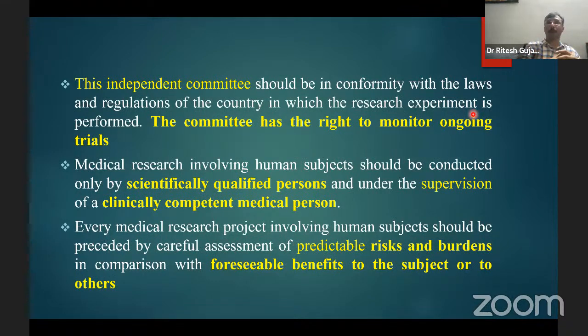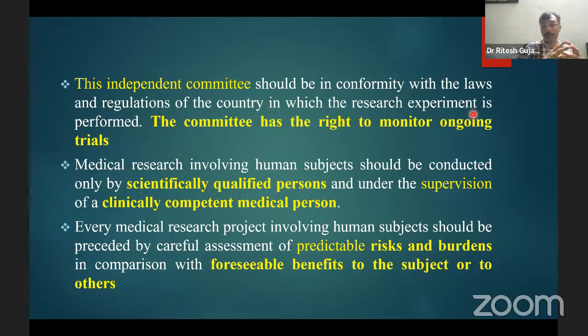There are certain protocols that there should be some lawyers, then representation of common people, basic scientists, and medical scientists from the institution and outside the institution. All this forms a group of people who are going to review all the research synopses submitted to the IEC, that is, the Institutional Ethical Committee.